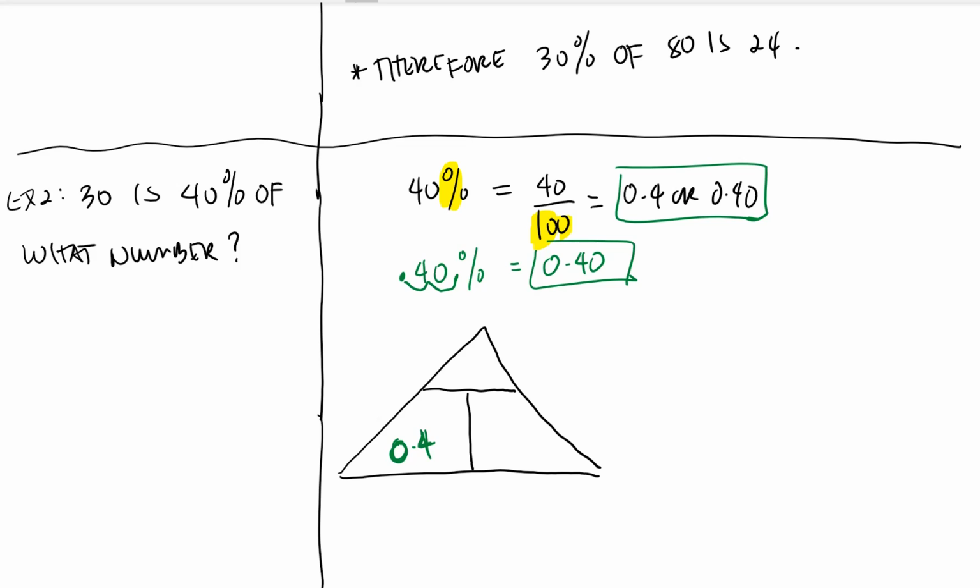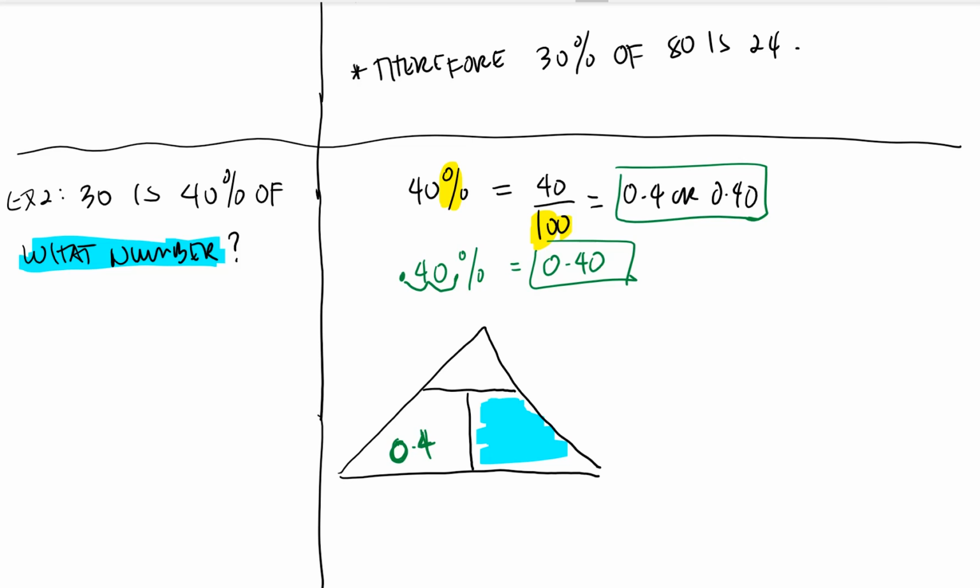Okay. And then, 30 is 40% of what number? If you have that question, what number, you're talking about the base or the whole part. So again, remember the base is located at the lower right.